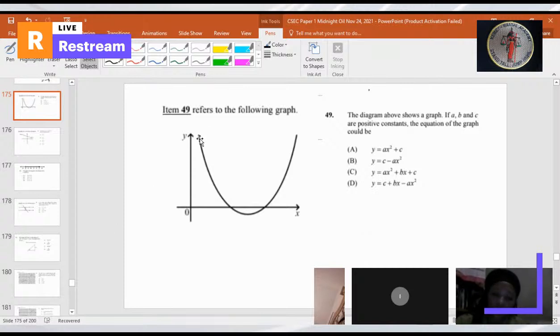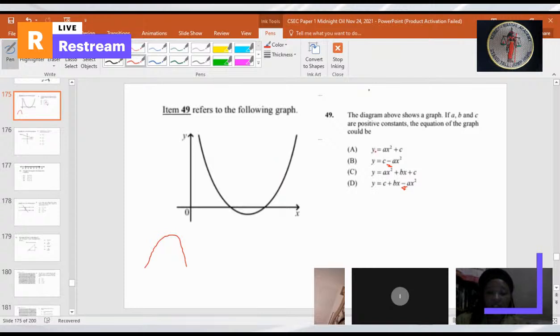The way that it's oriented, we call that a smile. If it was oriented this way, it would have been negative. So we can rule out this one as a negative x squared coefficient. This one also has a negative x squared coefficient. We can rule out B and D.